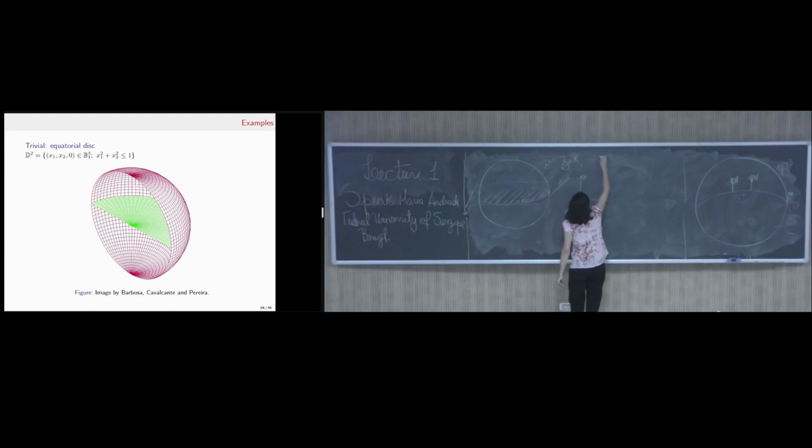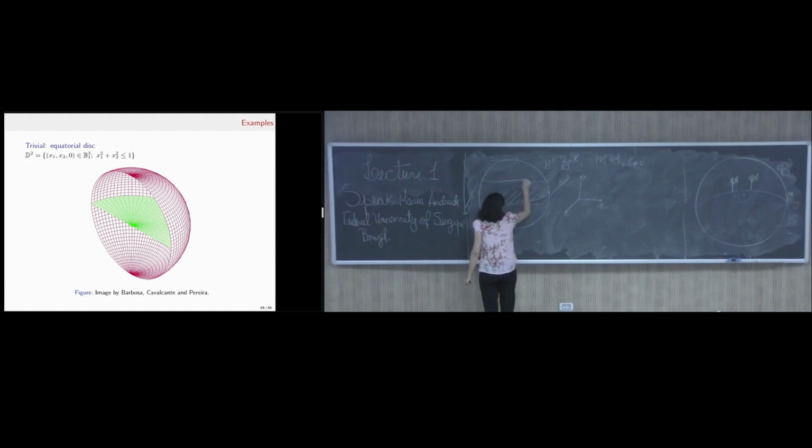Where K is less than 1 and K is not 0, then you have another disk here.